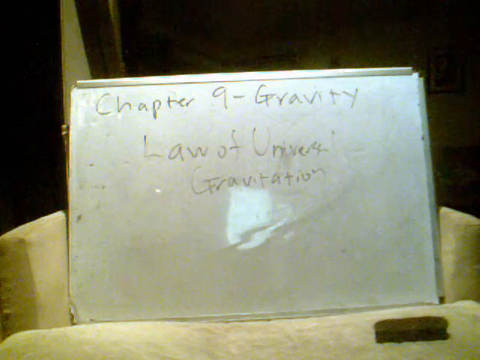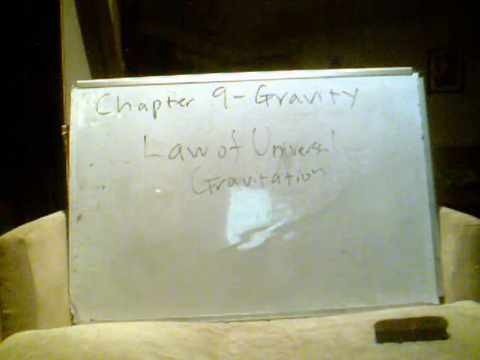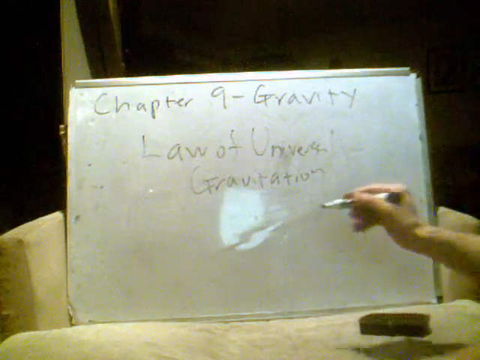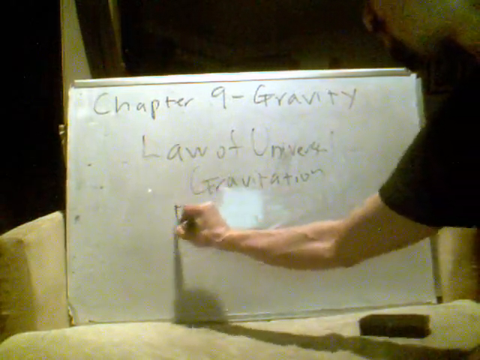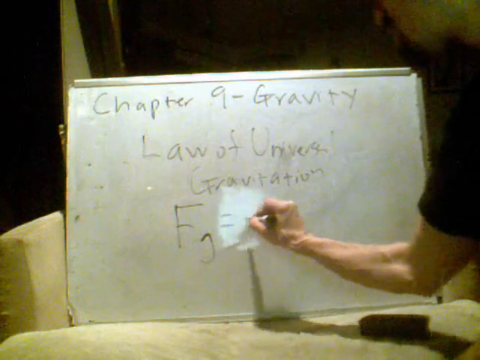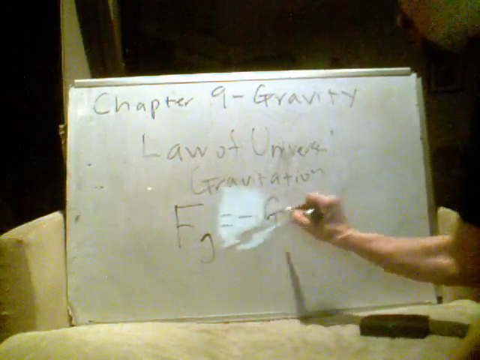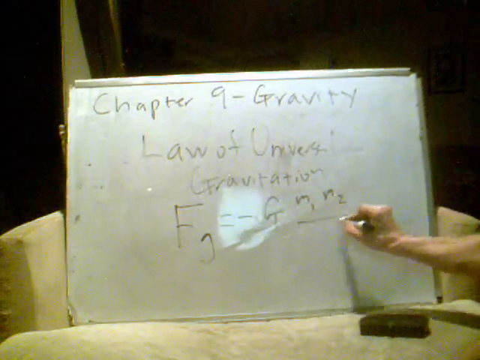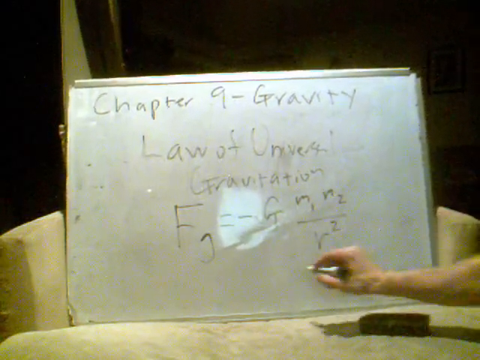And that's why there are two masses in the numerator of our gravity equation, which looks something like this. The force of gravity between two objects is minus G, and then m1 m2 over r squared, where r is the distance.